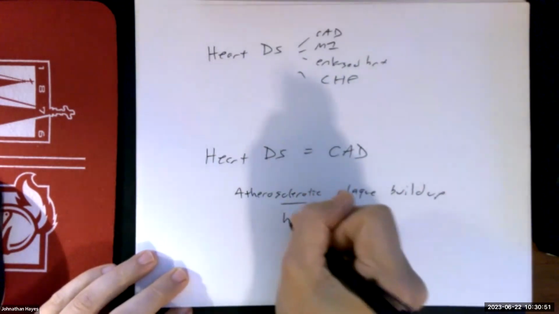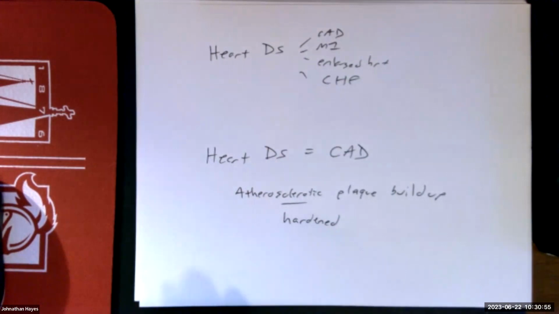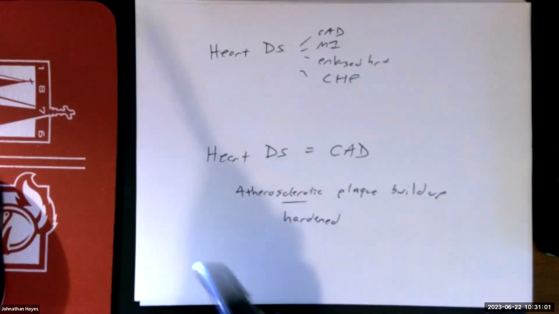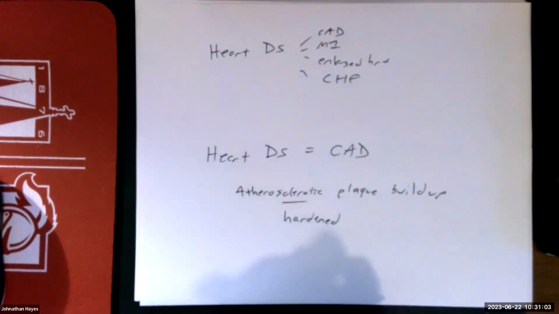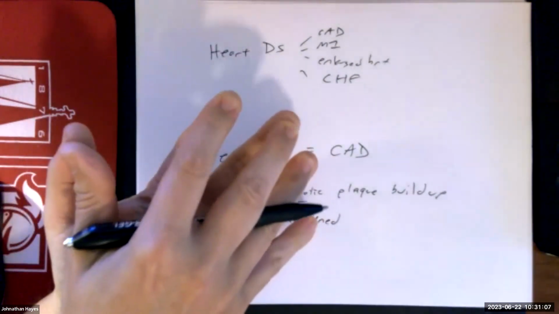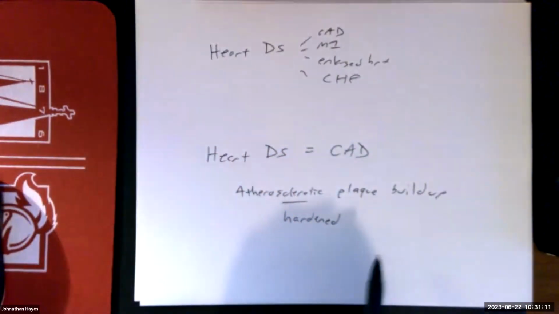It usually means something has hardened, right? If something's sclerotic, it's hardened. So if you've ever heard of the term scleroderma, scleroderma means hard skin, right? So if somebody has scleroderma, you can sometimes see their fingertips get real tight and it starts to get real shiny skin. It's just become very hard.